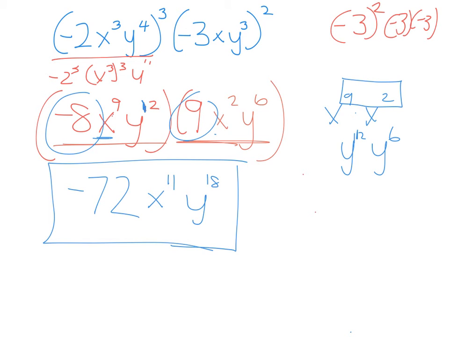Okay, we're going to do a couple more like this. Let's try 5x squared y, all of that to the second power, times negative 2 x to the third y squared to the third power.